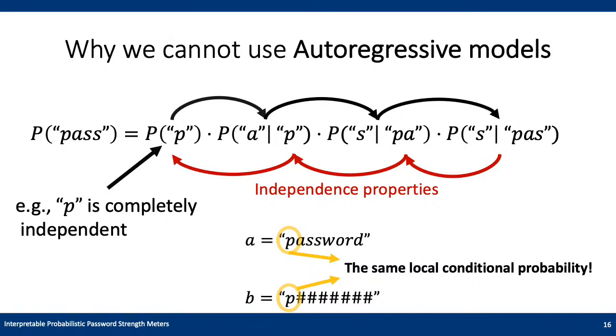For instance, as shown in the example, the first character in the string is always assumed independent from all the other characters in the string. That is, its value is the same for each possible configuration of the remaining characters. This produces very counterintuitive results for the local conditional probability.